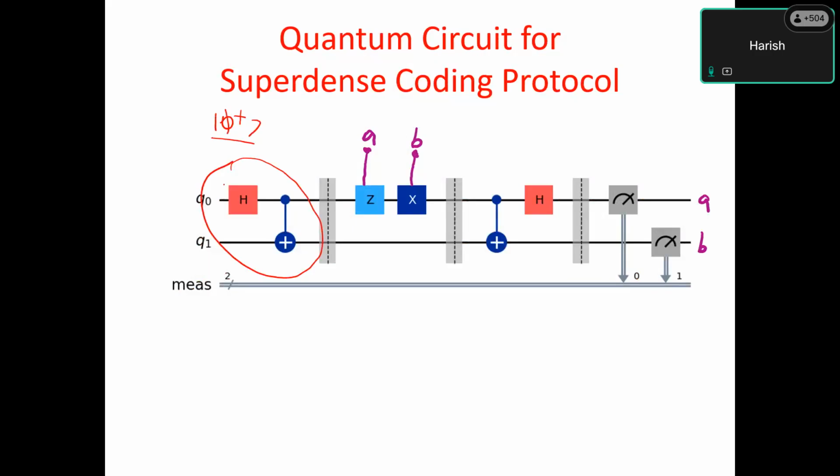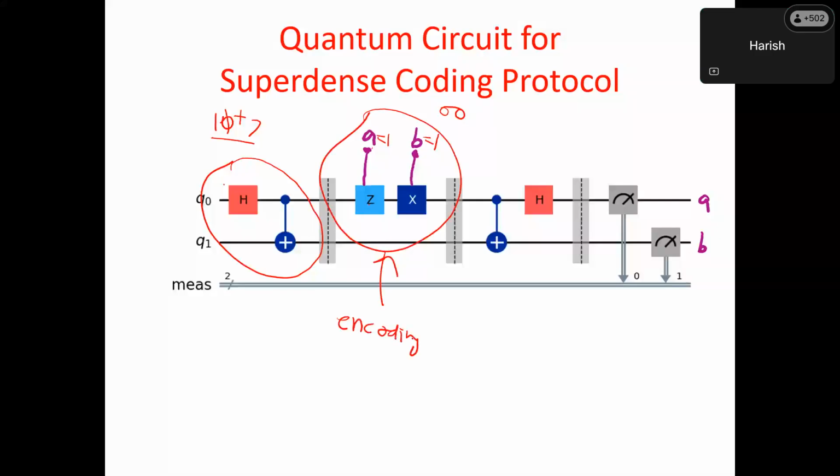Depending on the A and B values, if A is 1 and B is 1, then only we will apply the Z and X gates. If A and B are 0, then we will not apply those gates. So in case you want to send 0 bit of information, then you will not apply any of these two gates. Okay, so that is nothing but the encoding part. So basically it is this thing only.